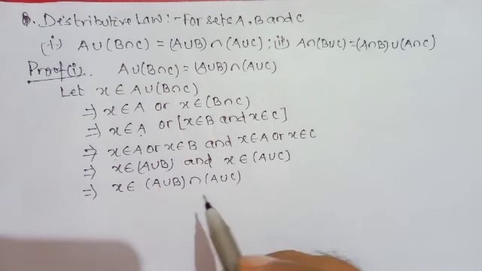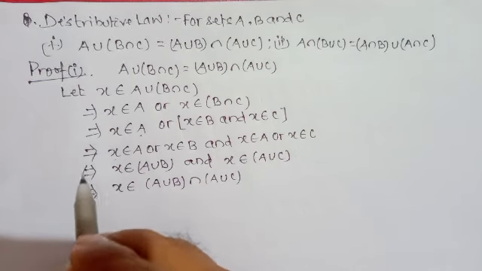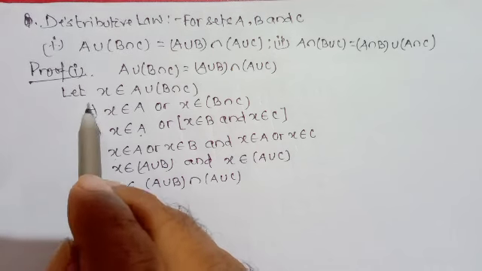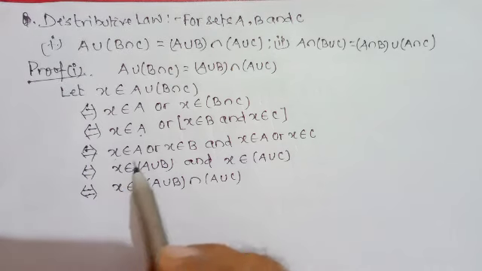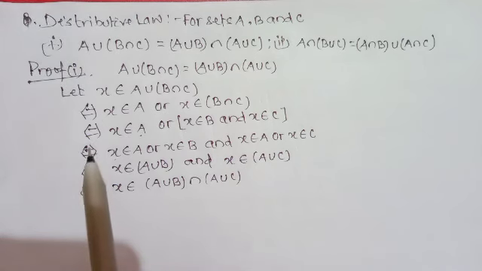So now this is implies, and now write implies and is implied by. Hence we have used implies and is implied by.